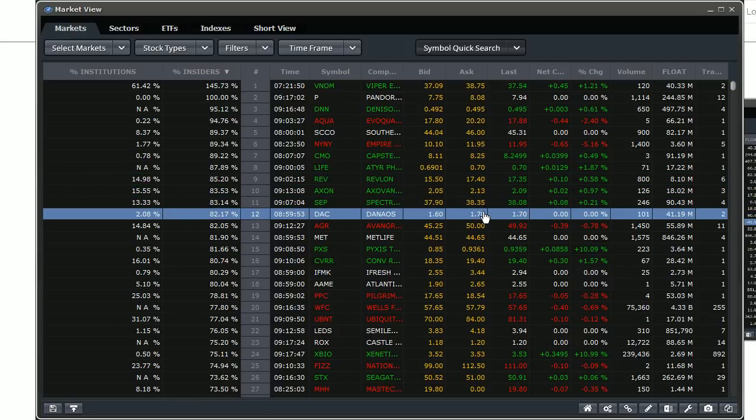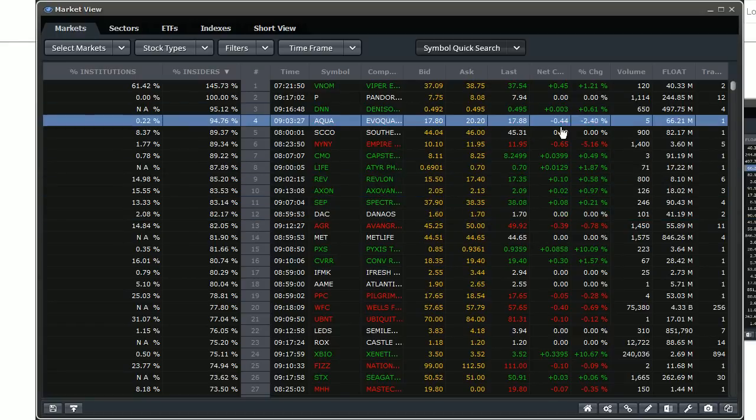This is another way for me to find out whether or not institutions are supporting the company. If there's not large institutions with ownership, maybe that means it's not necessarily a great investment. Maybe this isn't a stock I should be putting my money in if some of the biggest banks in the world aren't willing to put their money on the line when it comes to trading that stock. So that's another thing you can find.